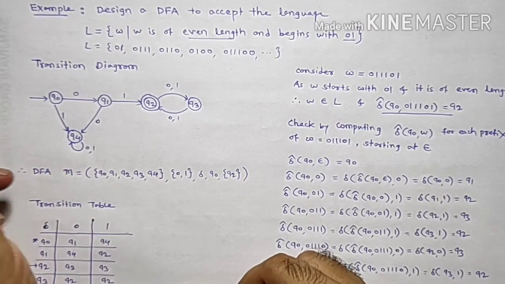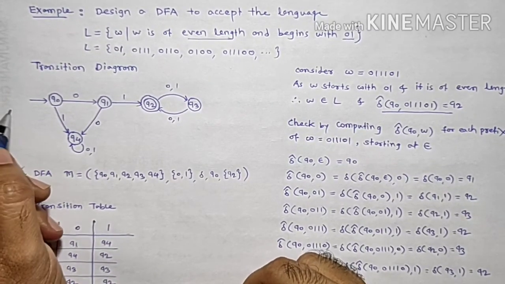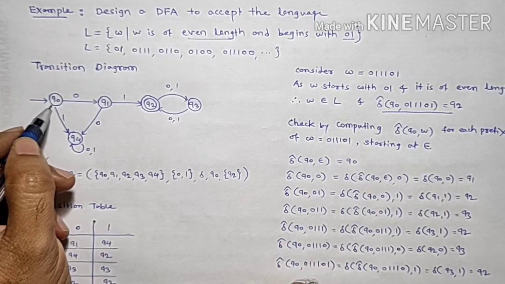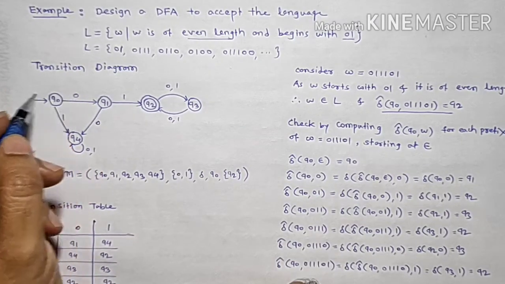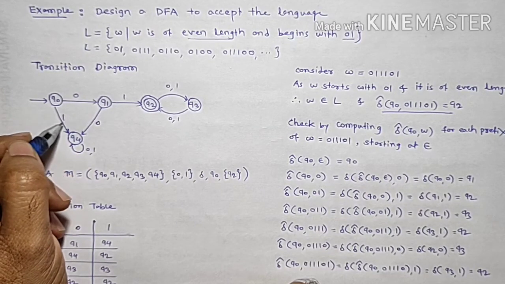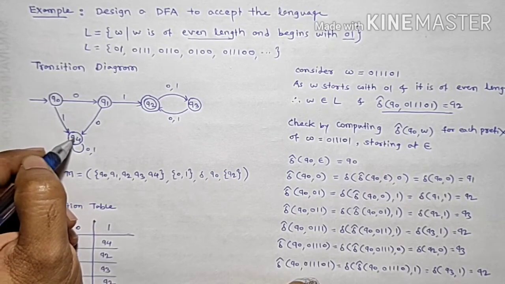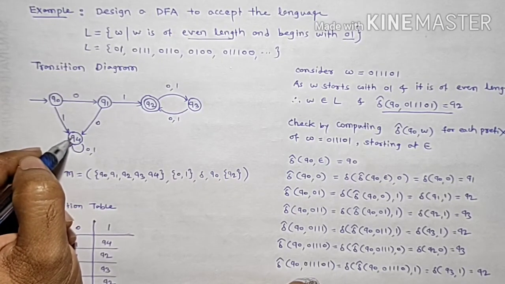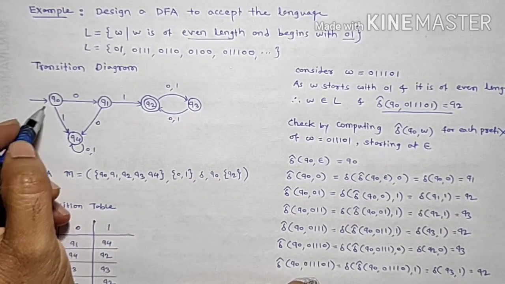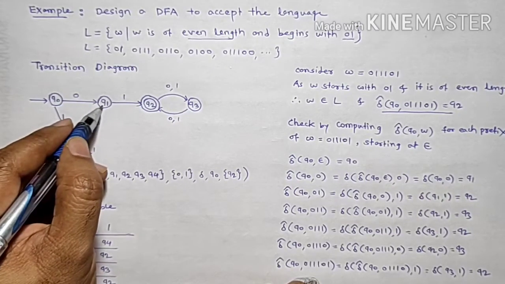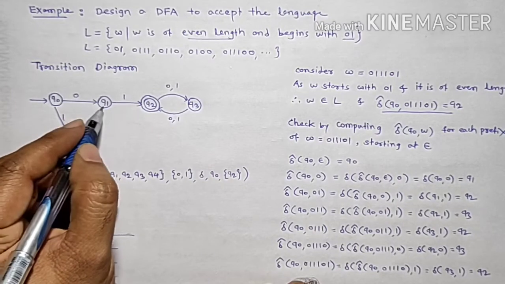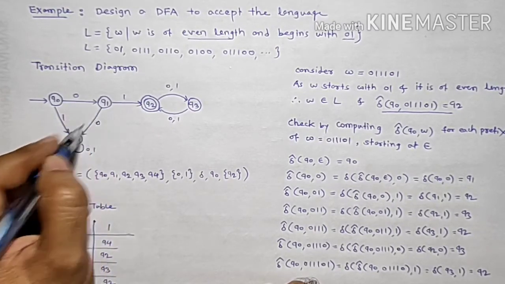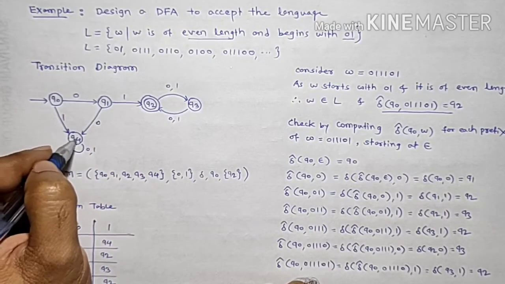Now for the remaining transitions. From Q0 we have shown the transition on 0. For the next transition we have to show it on 1. So from Q0 on 1 we go to Q4, where Q4 is a dead state. From Q1 we have shown the transition on 1, but on the next symbol 0 we have to show the transition from Q1 to Q4, the dead state.